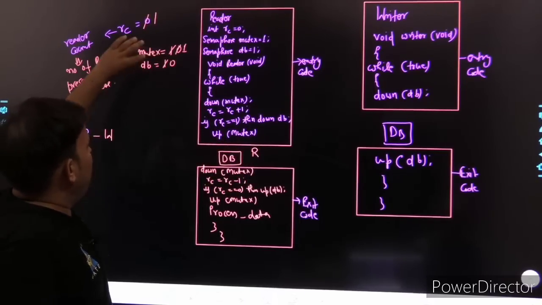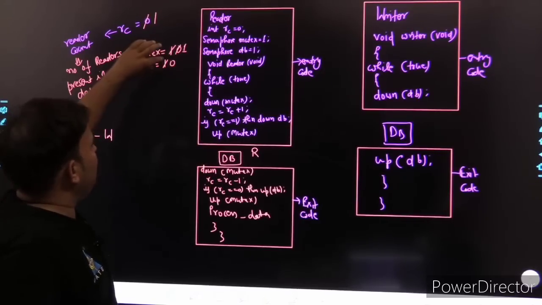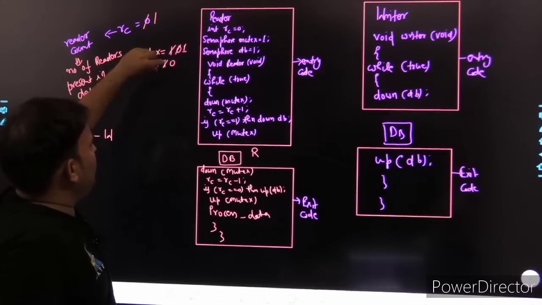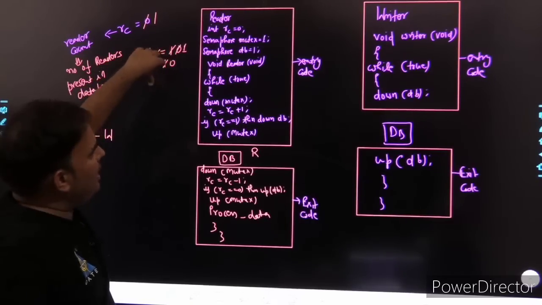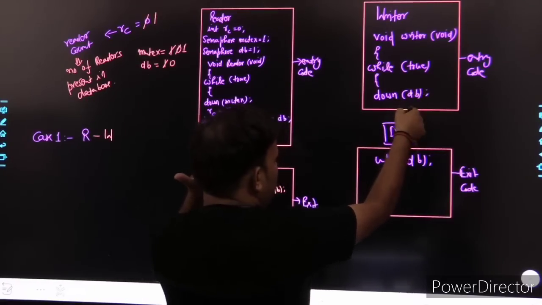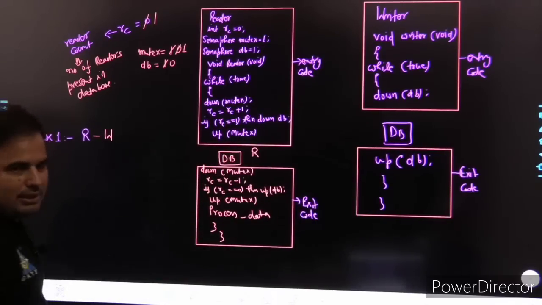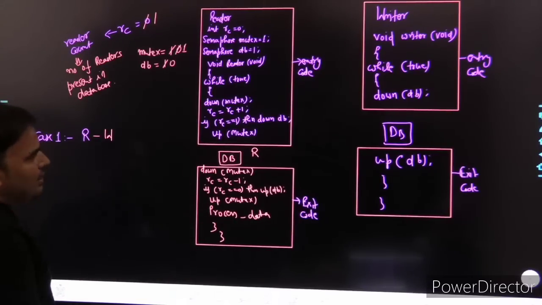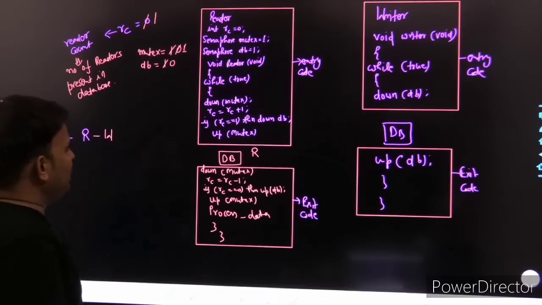No. DB is 0, so we cannot perform the operation, 0 to minus 1, because this is a binary semaphore. So this is not possible, and the writer is not able to enter into the critical section.